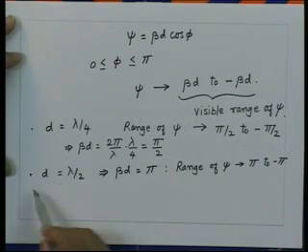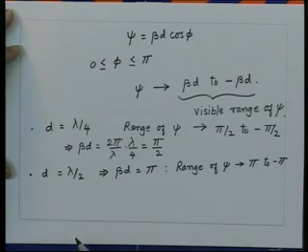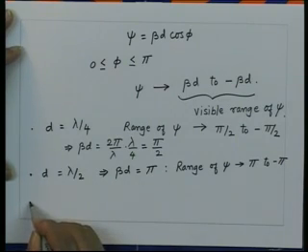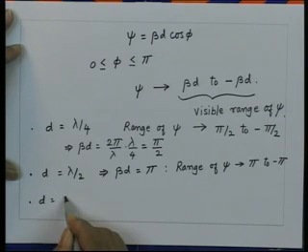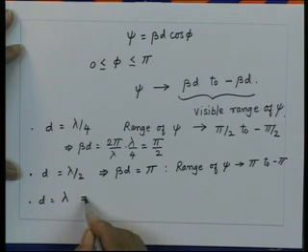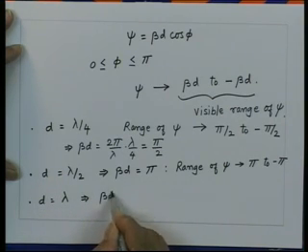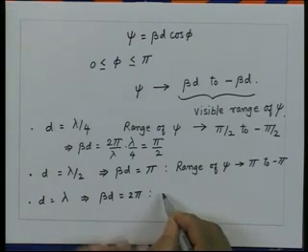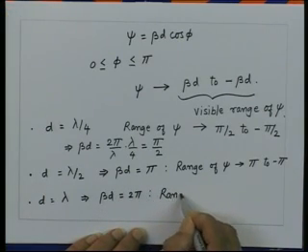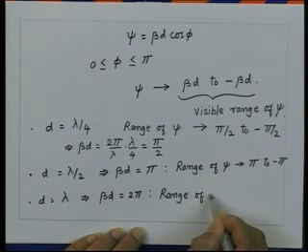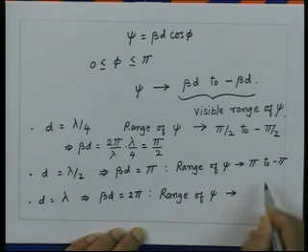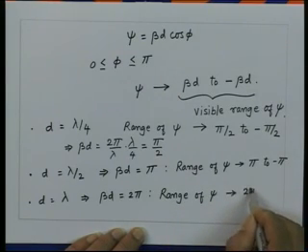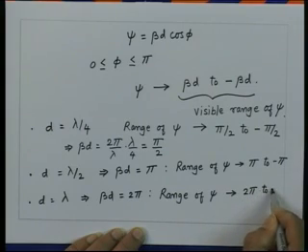And if I take d greater than lambda by 2, then the range will be still larger. So, if I take d equal to lambda, let us say, that would correspond to beta d equal to 2 pi. So, the range of psi would be 2 pi to minus 2 pi.